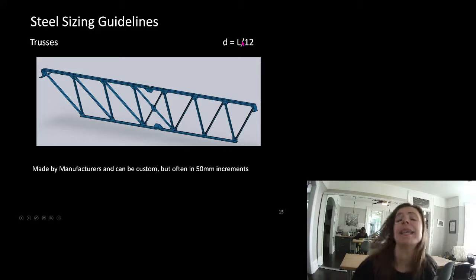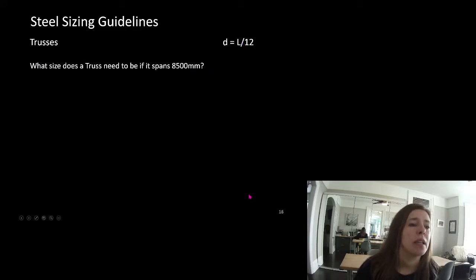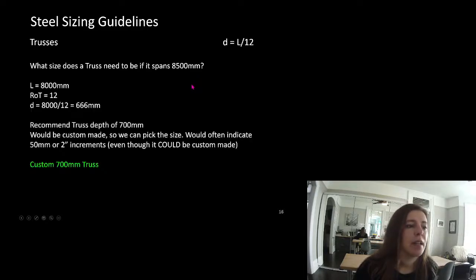So our sizing guideline is L divided by 12. Okay, what size does a truss need to be if it spans 8.5 meters? So we get 666 millimeters deep. What? There's all kinds of typos in this. What the heck? So that was slide 14. Slide 16.